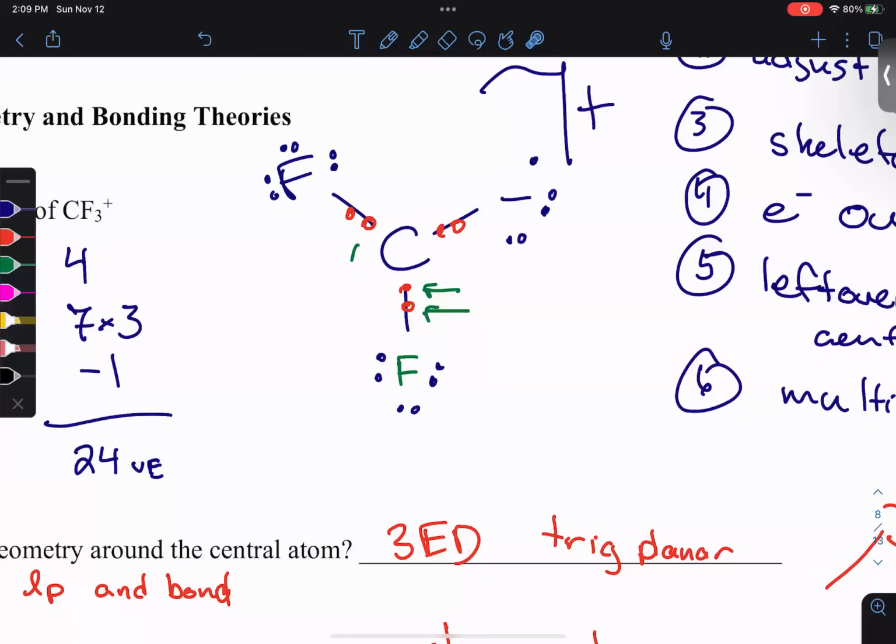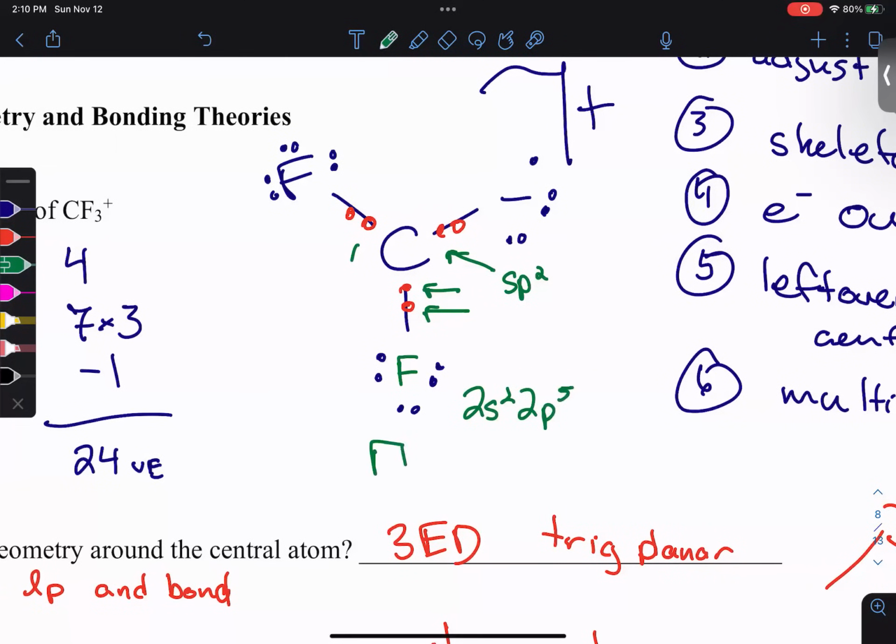And so we already determined that this carbon is sp2 hybridized. So that hybridized orbital is the orbital that one of those electrons is in. Now we need to ask ourselves, where's that unpaired electron on fluorine overlapping with carbon? If we write out the electron configuration of fluorine, it's 1s2 2s2 2p5.